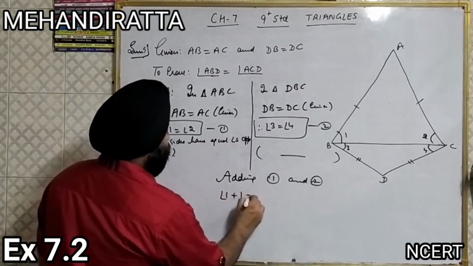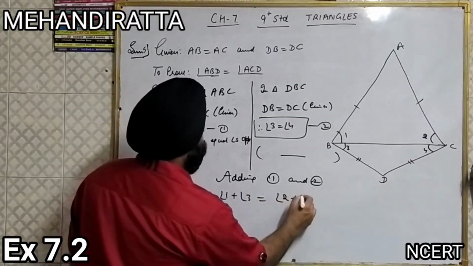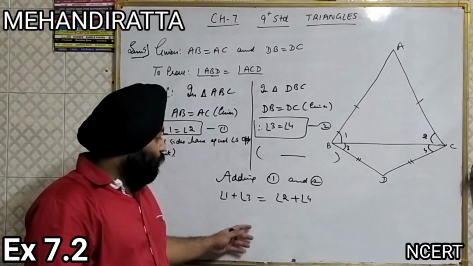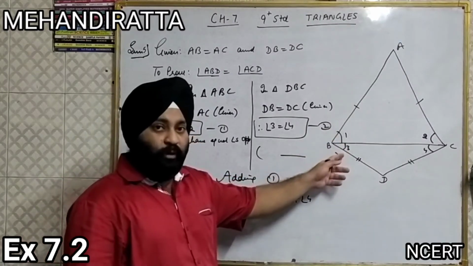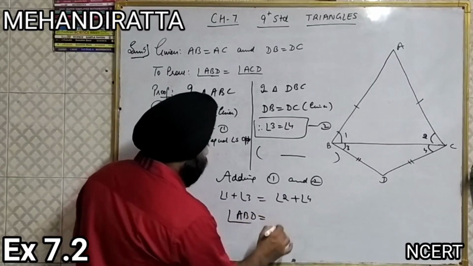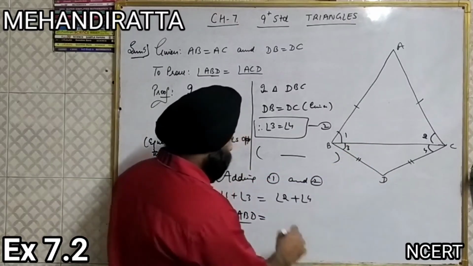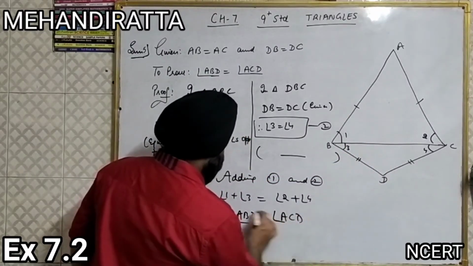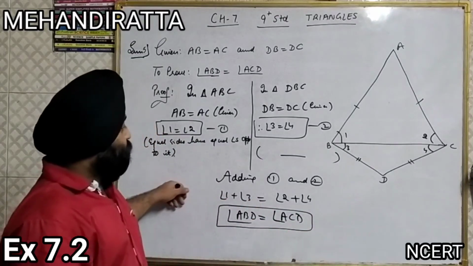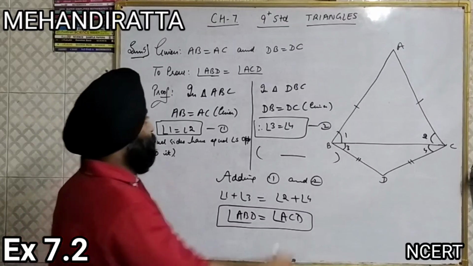Angle 1 plus angle 3 is equal to angle 2 plus angle 4. Now angle 1 plus angle 3 is angle ABD and angle 2 plus angle 4 is angle ACD. So we have proved angle ABD is equal to angle ACD.